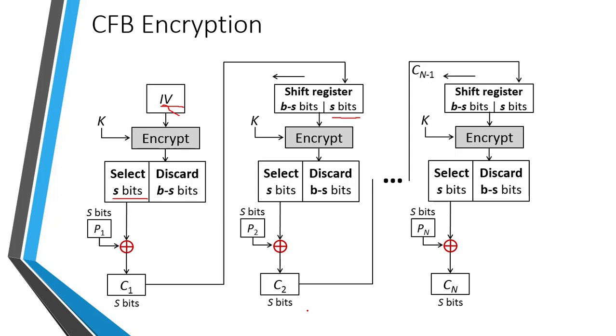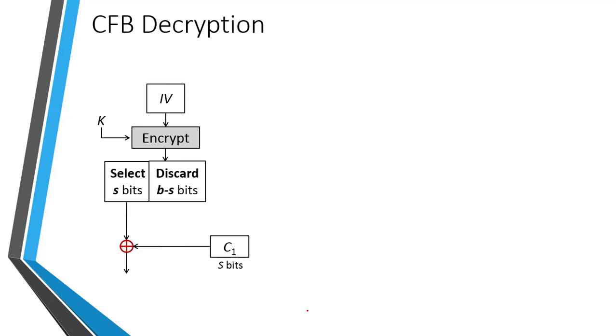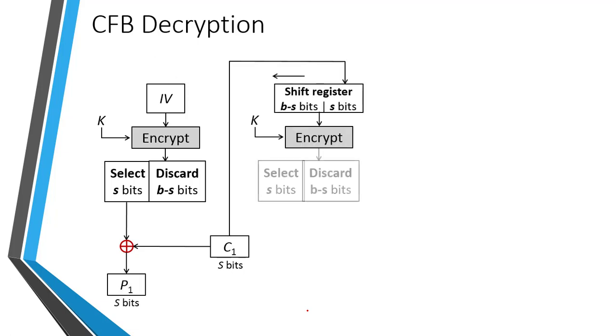Now we will see the decryption process in CFB, which is the same as the encryption process, but here the received ciphertext unit is XOR with the output of the encryption function to produce the plaintext. So here these S bits are XOR with the received ciphertext, which will generate the plaintext for that block.